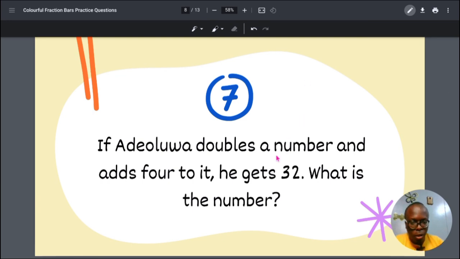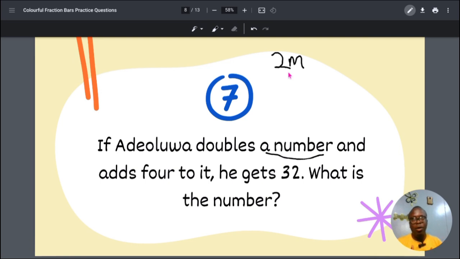So this number, I don't know what it is, so I'm going to use M to represent it. You could use any of the letters to represent it. So M. But the question says Adeolua doubles the number. That is, doubles this M. That means 2 times M, which is 2M, or M plus M.